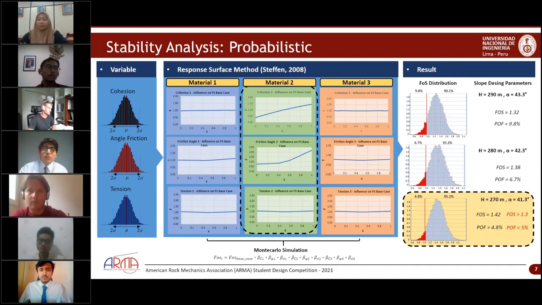And we considered the first response that was 290 meters only with a deterministic analysis, but the probability of failure doesn't comply with the constraint of 5%. So this is the first that complies with this percentage.